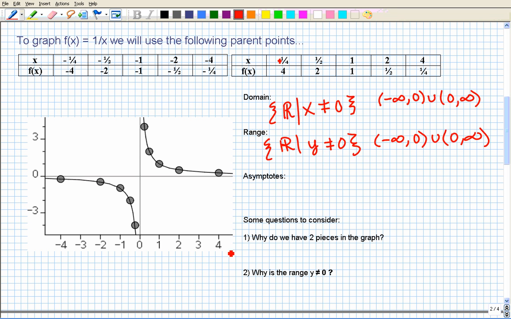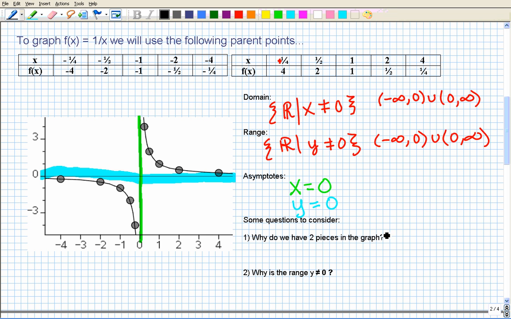But we have 2 asymptotes, and we have a vertical one and a horizontal one. So we've got vertical asymptote, and then we've got this horizontal asymptote. So this vertical asymptote is x equals 0, and then that horizontal asymptote is y equals 0. Sorry, that's kind of hard to see. It's x equals 0 and y equals 0.